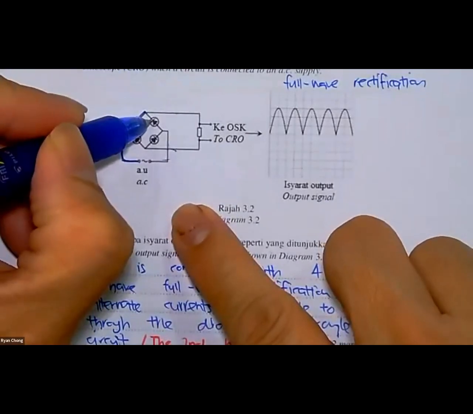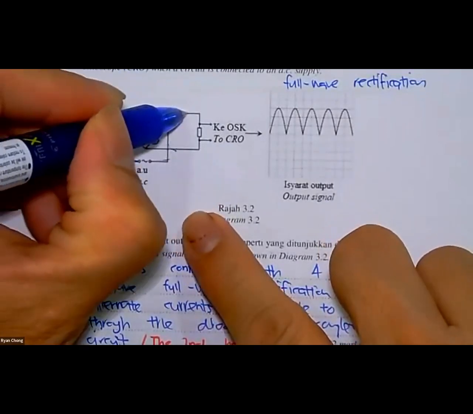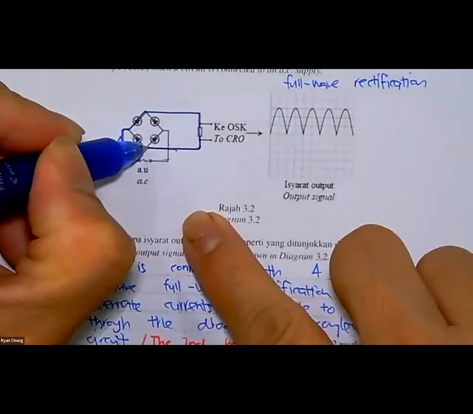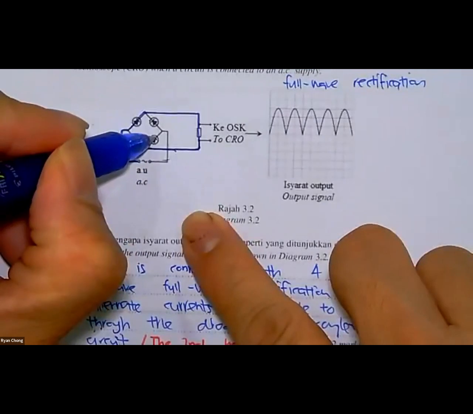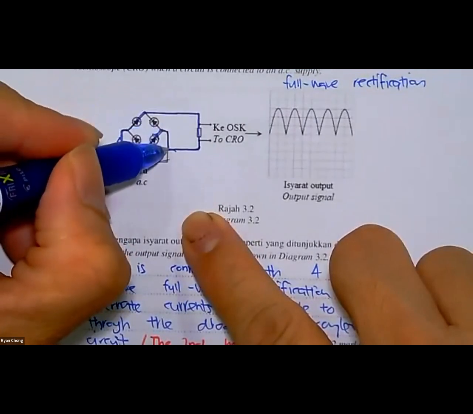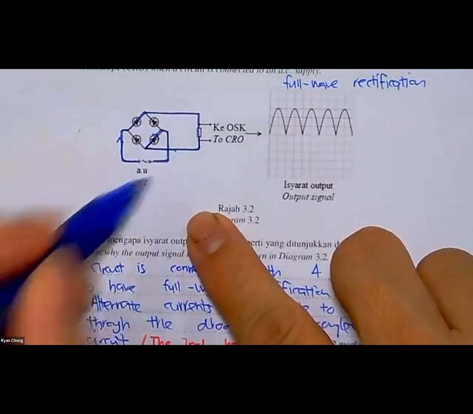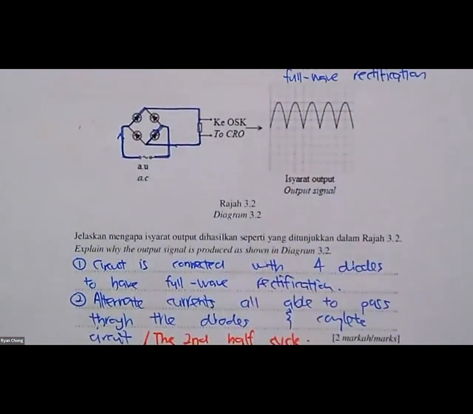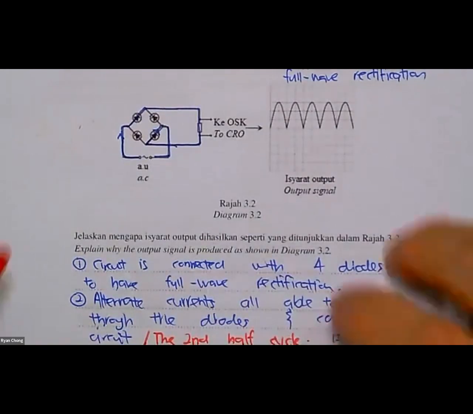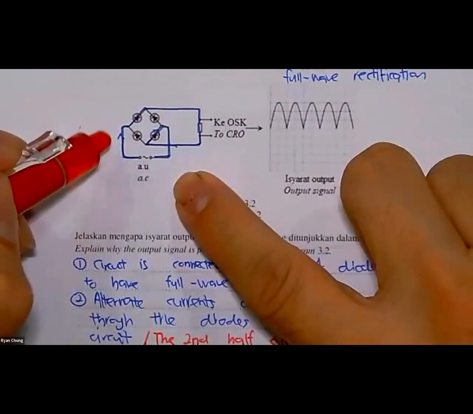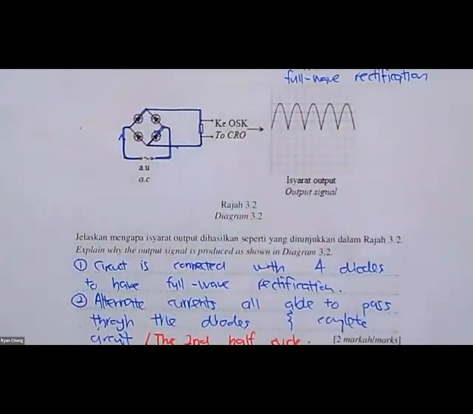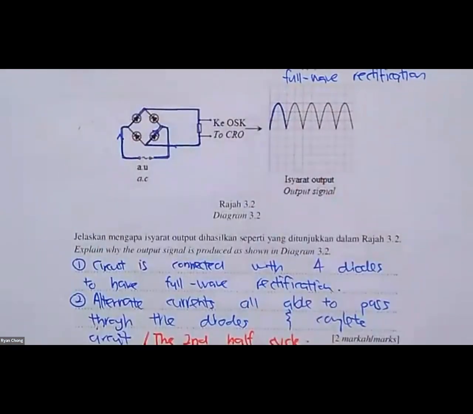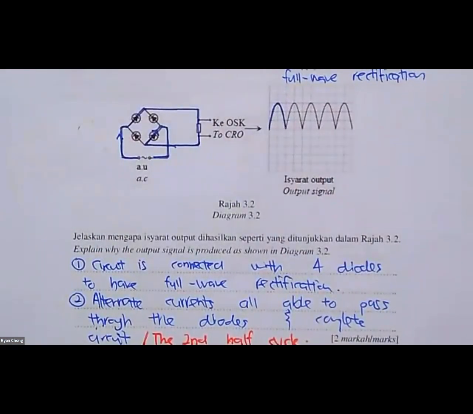Here also reverse bias you cannot go. So you go forward and come to the CRO, and then you complete the circuit. Until here, you will choose to go up. Why? Because you want to complete the circuit. So you see, the blue cycle complete the circuit already, right? So I erase it. I do a second cycle. So this one is the blue one. So blue cycle complete circuit.